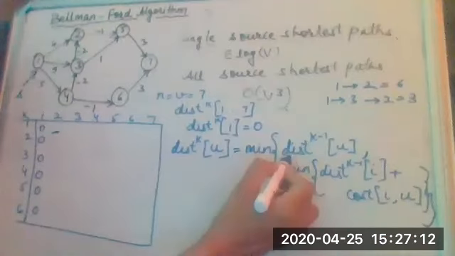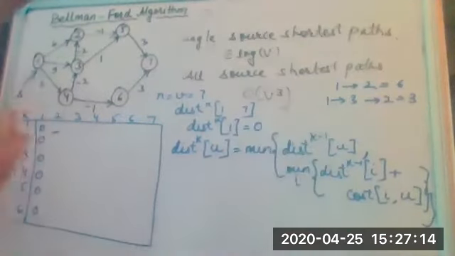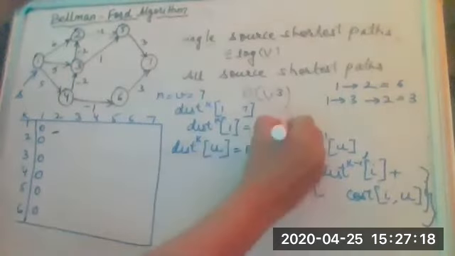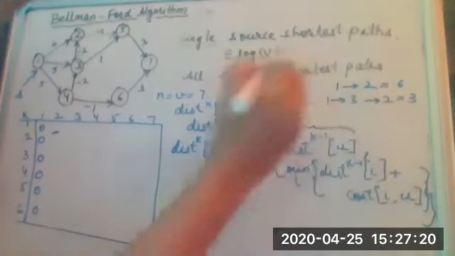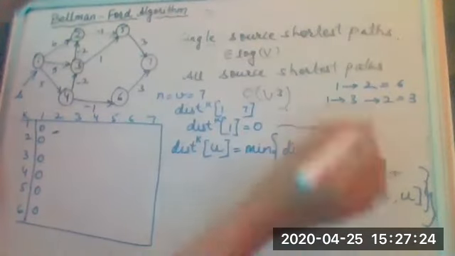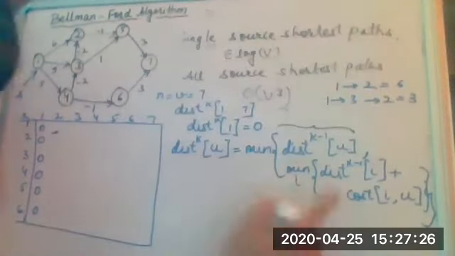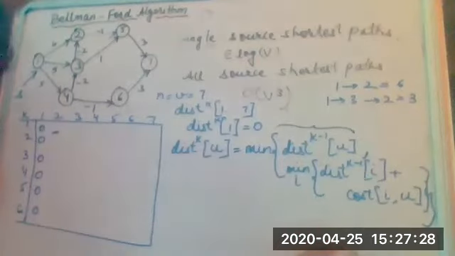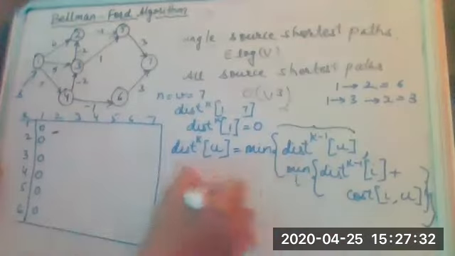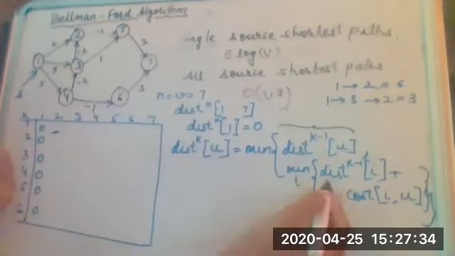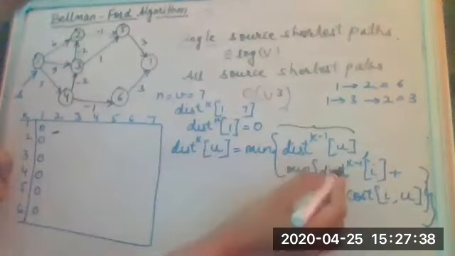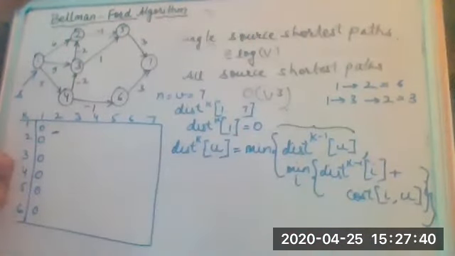One is when I'm only considering the previous value, not considering any more intermediate nodes. Another is when I'm considering one more vertex as an intermediate one, then I take those i vertices, find out their distance for the previous set of vertices, and check whether I can get from i to u.